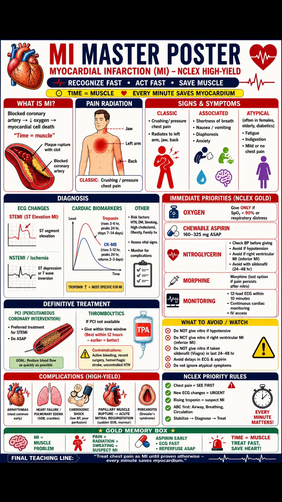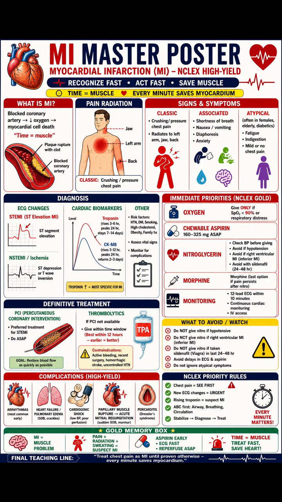So let's move to the diagnosis. How do we confirm MI? The first step is we do an ECG. In the ECG, you might find two different features. One is ST elevation. The ST segment will get elevated, which is ST elevation MI.